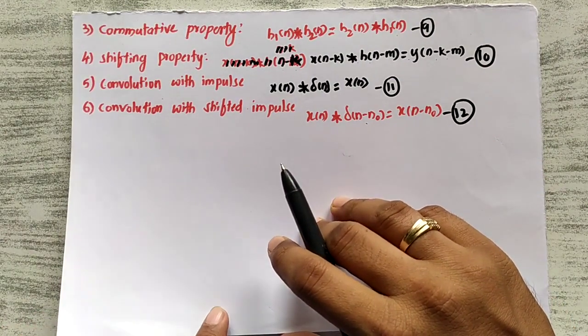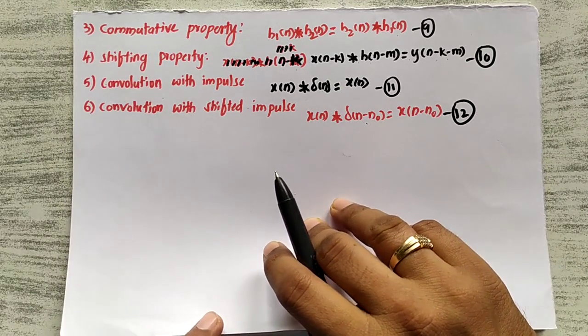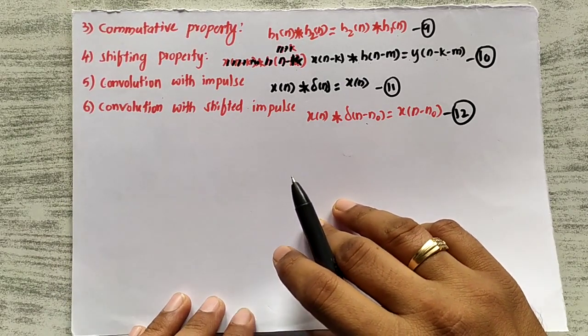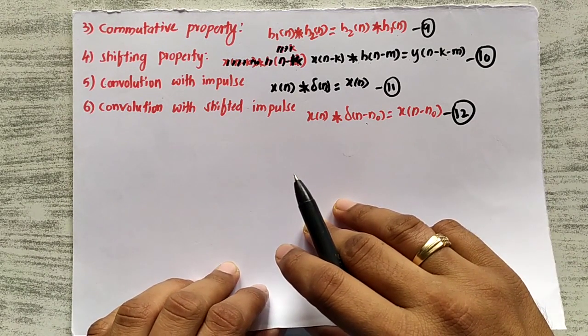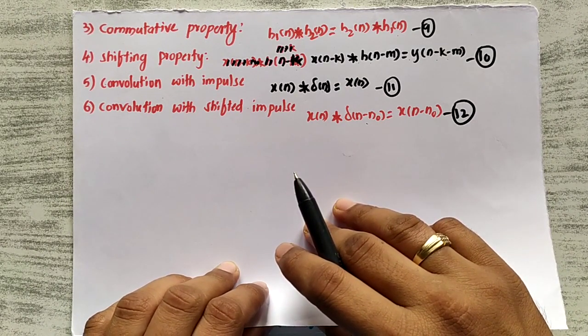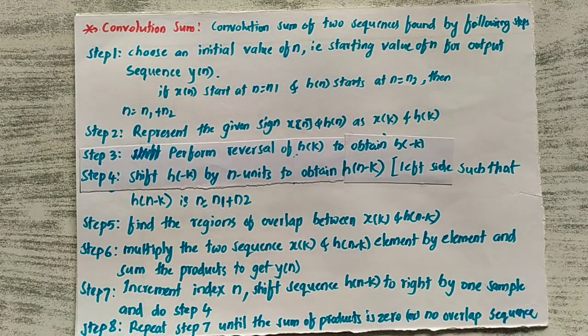So this is about the convolution sum. The convolution sum is the output of an LTI system, represented as the weighted sum of time shifted impulse responses. Now we will see the steps to do the convolution sum.